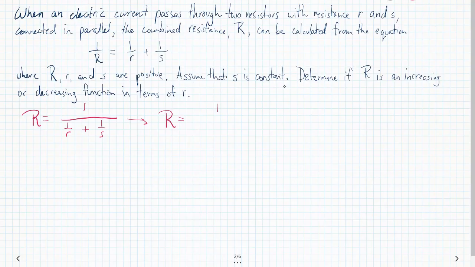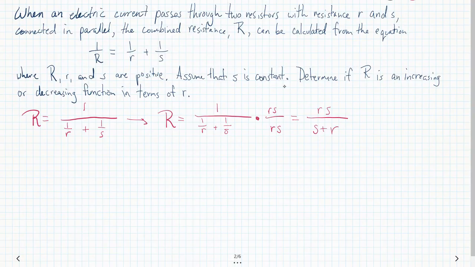You get R equals 1 over r plus 1 over s. Remember, we need a common denominator to work with that, so we'll multiply by rs in both the numerator and denominator. And so this thing equals rs over s plus r.